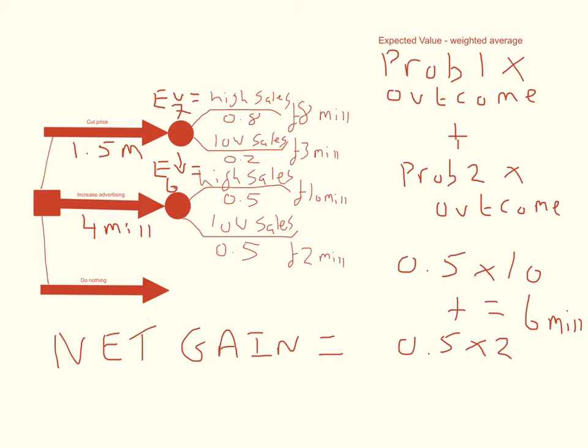So it's a simple formula really, it's just the expected value minus the cost. So the net gain of choosing to cut the price would simply just be 7 million minus 1.5, which is going to give us a net gain for option 1 of 5.5 million.